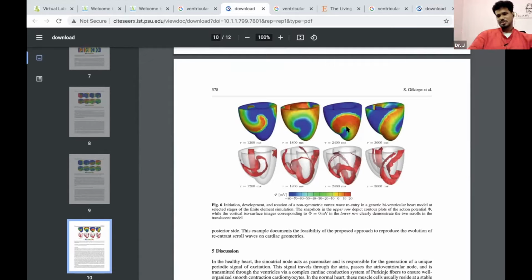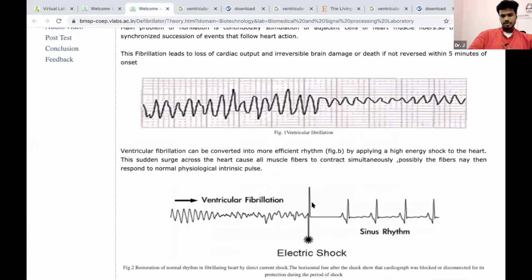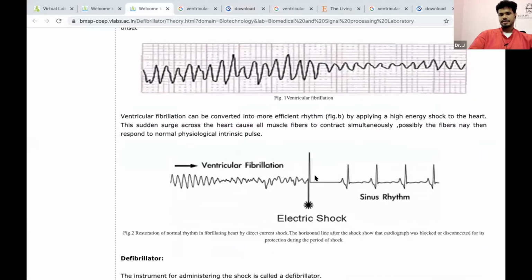But if you give a sufficiently strong signal, then the heart gets back to normality. The chaos goes away, and we start getting back a regular rhythm where the propagation is nice. So this is what happens with ventricular fibrillation.